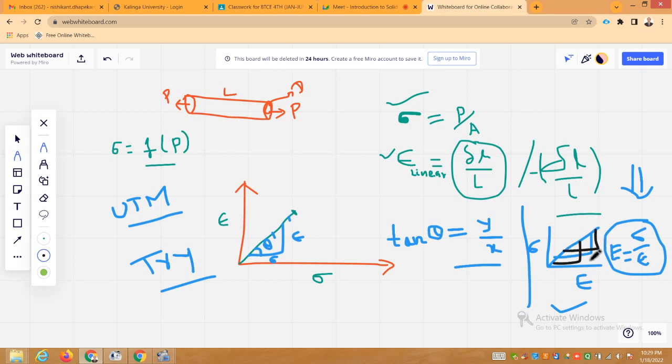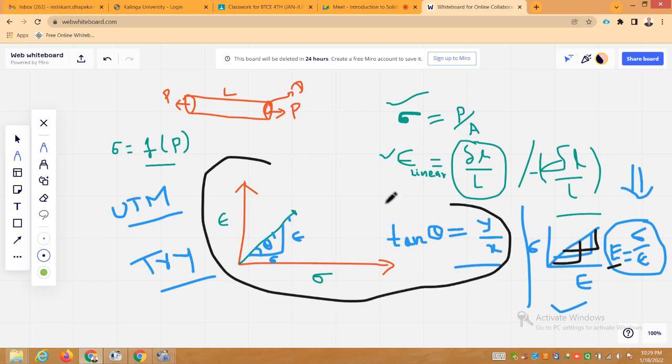Any value you choose, you will get slope tan theta, and the slope of this straight line will be stress upon strain. This ratio of stress upon strain is known as Young's modulus of elasticity. So this you will get in all the books, but this is the exercise in the laboratory you have to do. Try to plot like this.